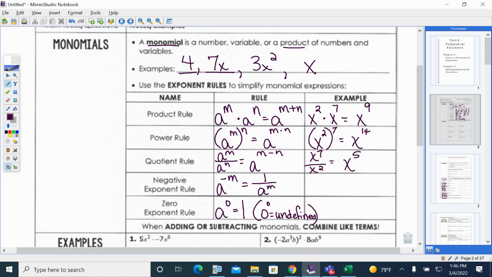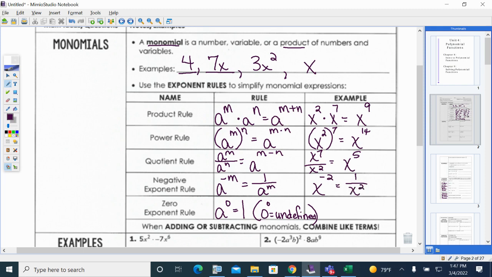For negative exponents, we also talked about negative exponents and the fact that they make fractions. You have to change its position in the fraction. So if I have a to the negative m, it's going to change to 1 over a to the m. That negative exponent turns positive once you move that base and that exponent to the opposite part of the fraction. So if I have x to the negative 2 power, it's going to be 1 over x to the positive 2.